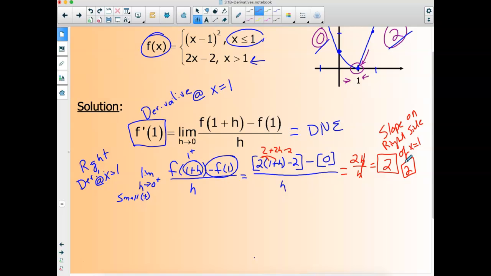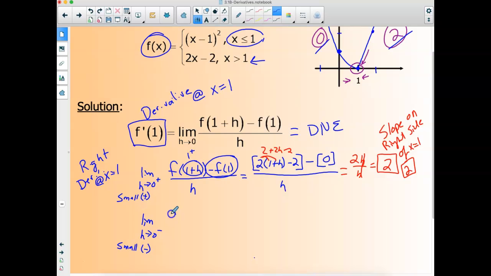What's my slope on the left side of 1? I know it's 0, but we're going to prove it's 0. So we're going to find the limit as h approaches 0 from the left, a small but negative number.